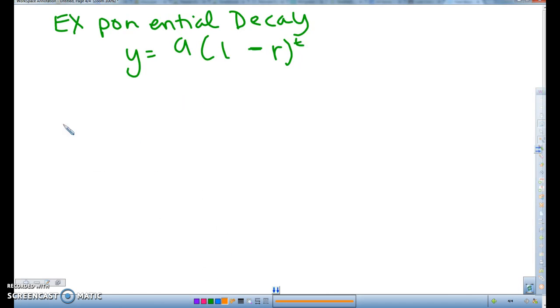So let's say, for example, I'm decaying at 6.6%. It doesn't have to be related to interest. Sometimes in science you'll talk about radioactive decay with this formula. So whatever it is, it is decaying at 6.6%.